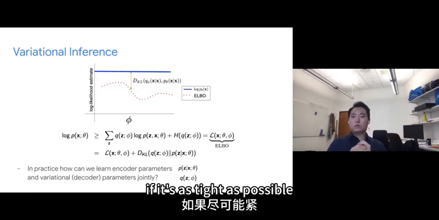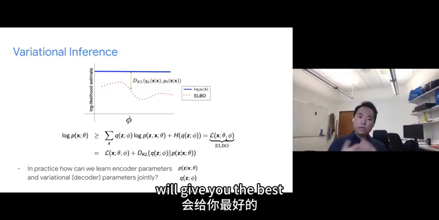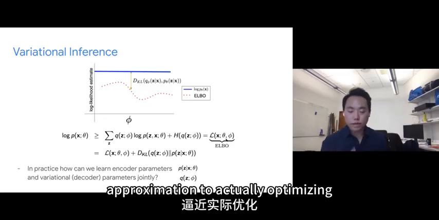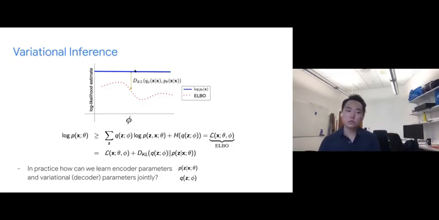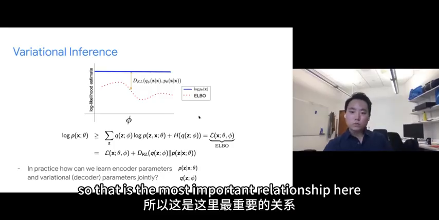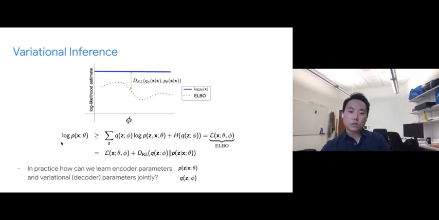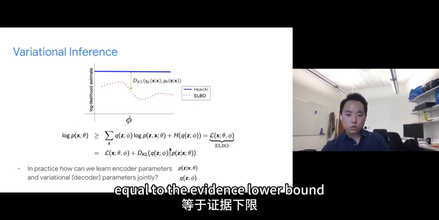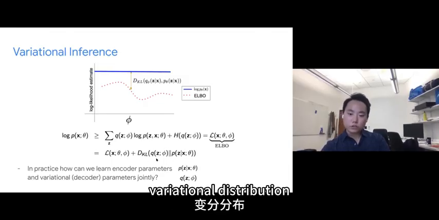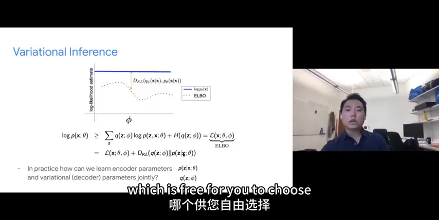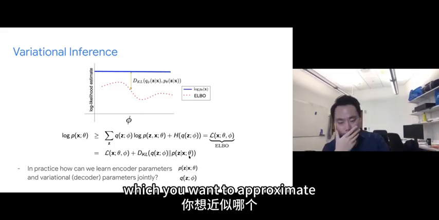If it's as tight as possible, that means that optimizing this evidence lower bound will give you the best approximation to actually optimizing this data log likelihood. So that is the most important relationship here to derive variational autoencoders, which is that the log likelihood of your data is equal to the evidence lower bound plus the KL between your variational distribution, which is free for you to choose, and the true posterior of the data, which is complex, which you want to approximate.